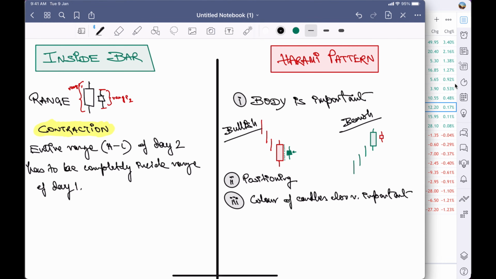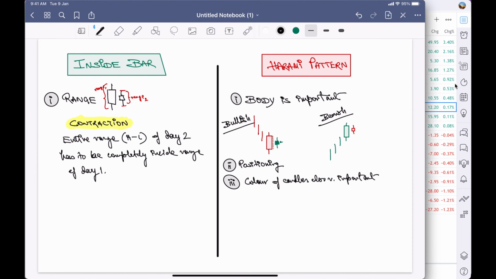Now it's our ability, our analysis, to decide which way the move is going to come. Is it going to give a breakout on the upside or the downside? So let's talk about how we can figure out which way the directional breakout may come. Now, does volume play a role?